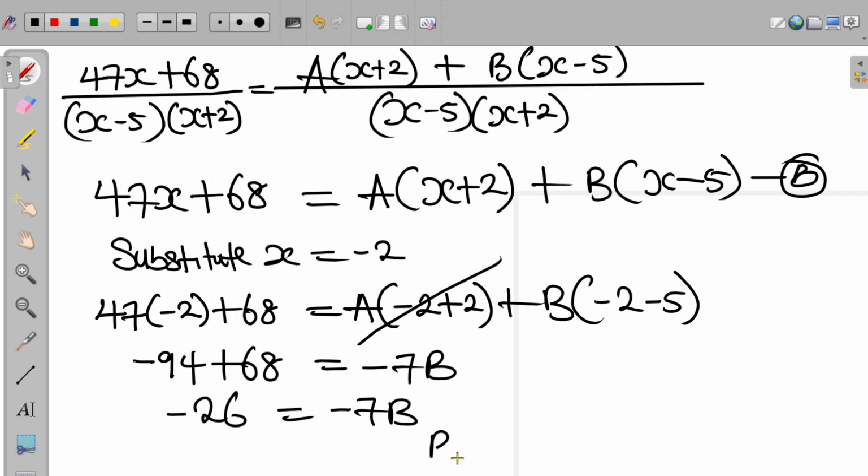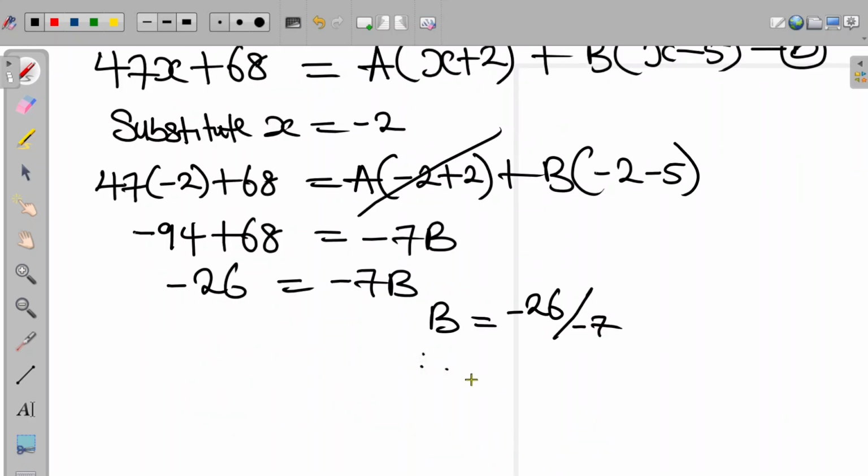Thus, b is equal to -26 divided by -7. So therefore, b is equal to 26 divided by 7.